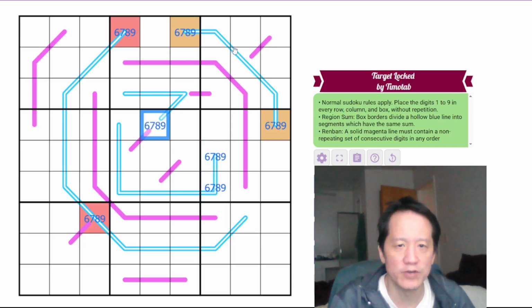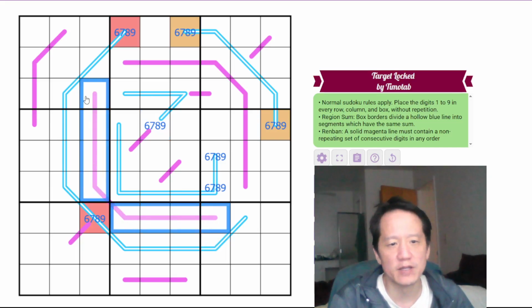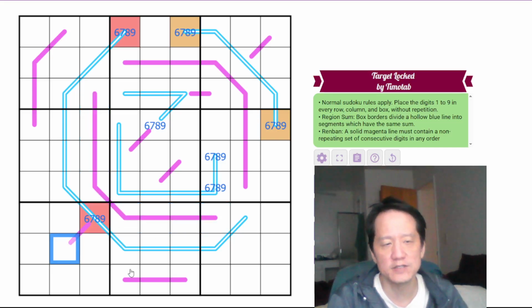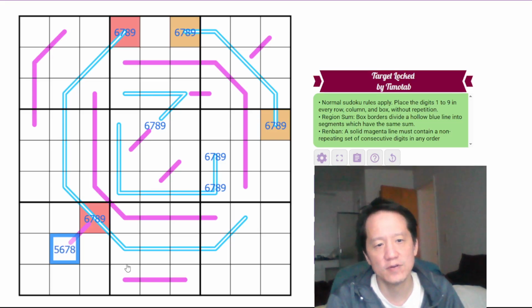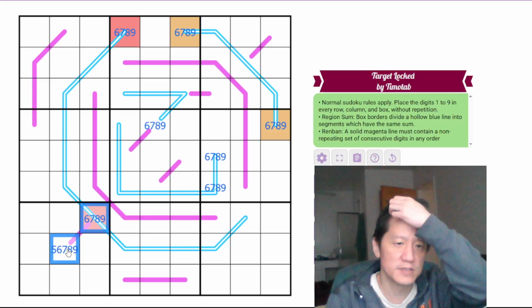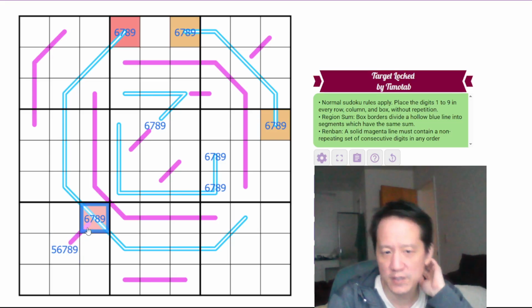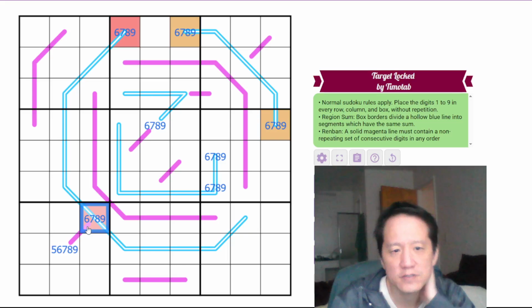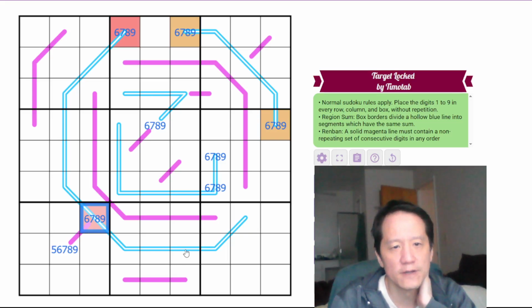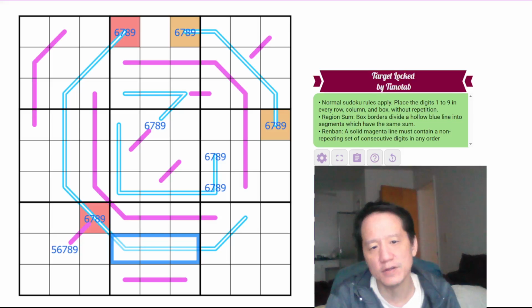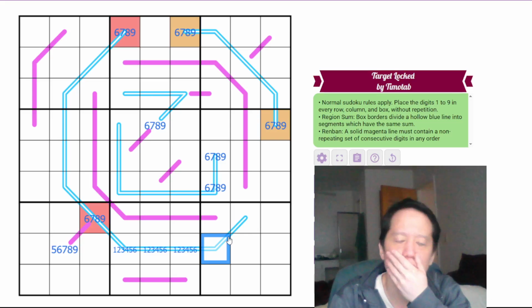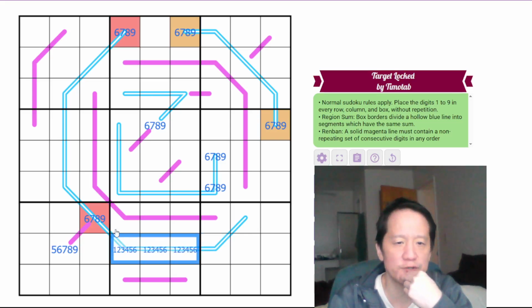Let's see. Do we have anything else that we can do? These Renban lines, specifically, well, this has to be at least 5, right, to be consecutive with the 6, 7, 8, or 9. This must be 1 through 6, because it adds up to 3 digits, right?